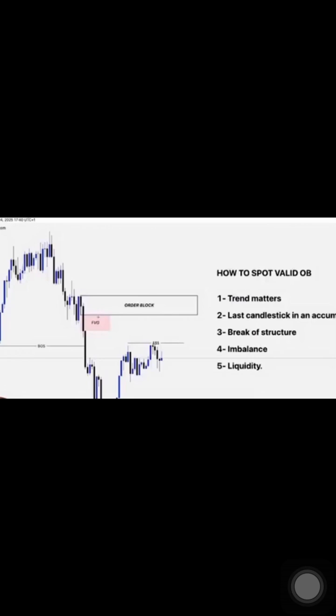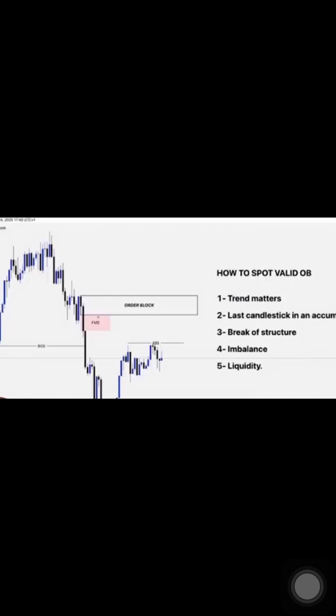So let's go for an example. This is an example from our chart of how an order block looks like. As you can see here, we are going to talk about a buy side order block.